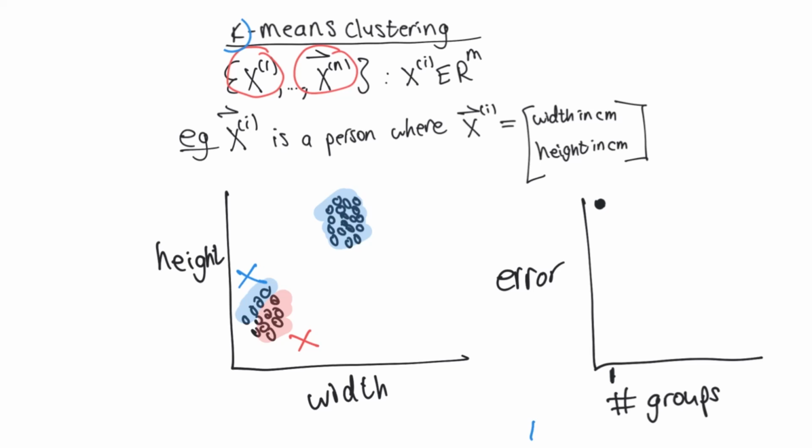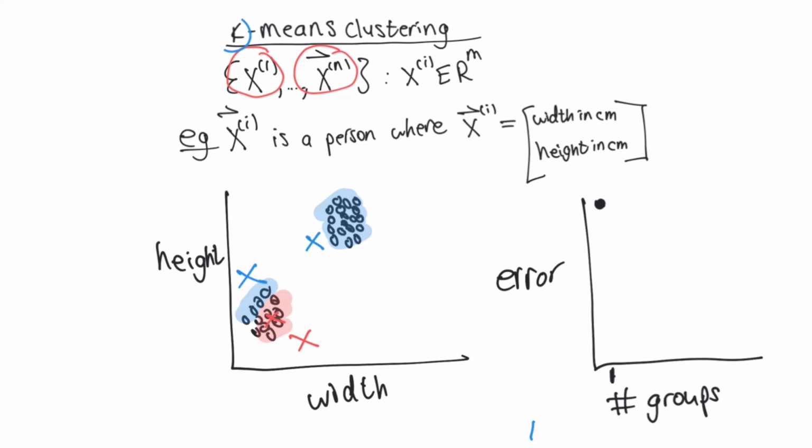And now what it does is moves each of the means to the middle of their assigned groups. And so red is going to go in the middle of its group here, and blue is going to go in the middle. Well, it's kind of hard to say middle, but it's going to be strongly weighted over here because there's a lot more points in that direction, but it's still going to not be too close to them because the other ones it doesn't want to keep them too far away.